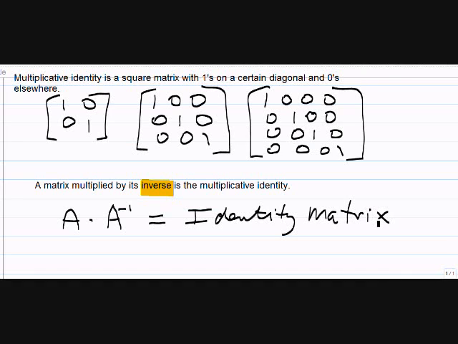They have to be square matrices in order to do this. If it's 2 by 2, it'll give me the 2 by 2 identity. If they're 3 by 3s, it'll give me a 3 by 3 identity. Let me show you what I mean.